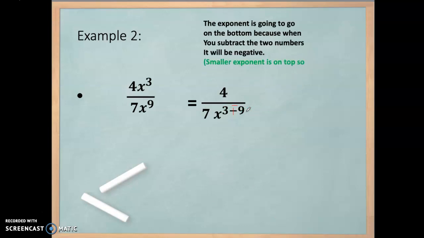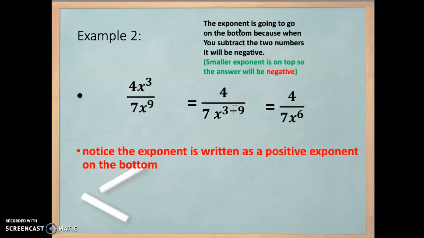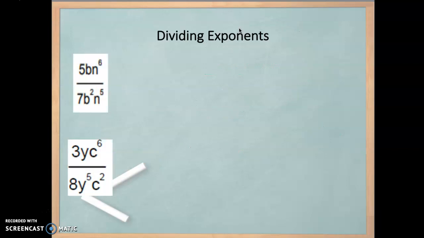This is going to make the exponent negative. Since the exponent is negative, it will go at the bottom. This will create negative 6. We're using the negative exponential law and the quotient law of exponents. We just did 2 and 1. Notice the exponent is written as a positive exponent on the bottom. The bottom represents negative exponential numbers.